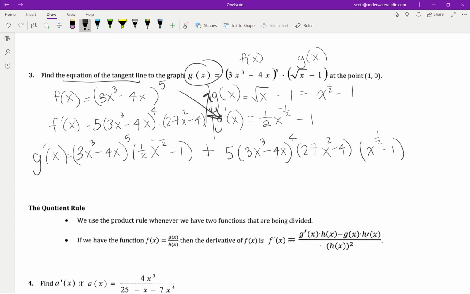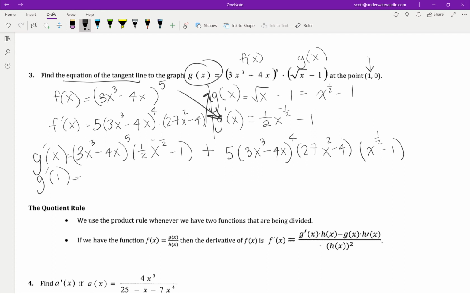So I found the derivative, which is a good start, at the point 1, 0. So I actually need to plug in x equals 1, because if I'm looking for the tangent line that goes to the point 1, 0, I need to know what's happening at 1, 0. So I'll plug in 1, and I hope this makes for easy math here.